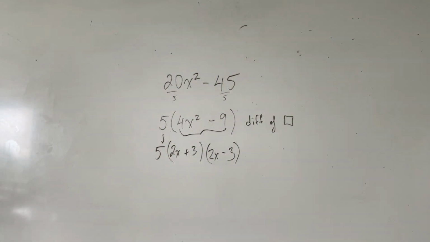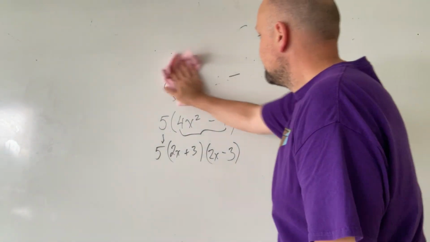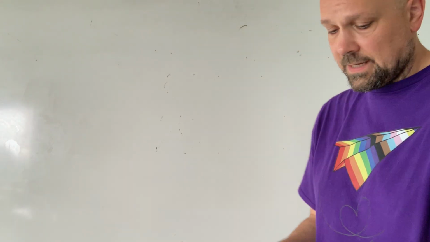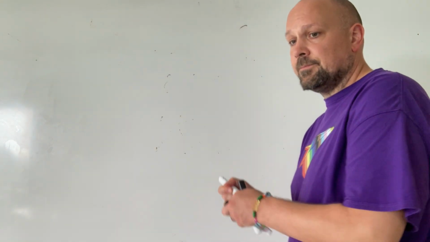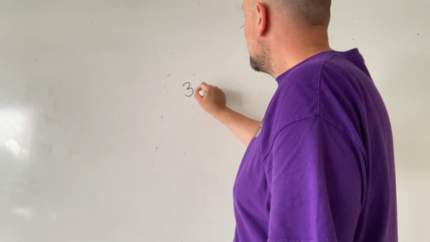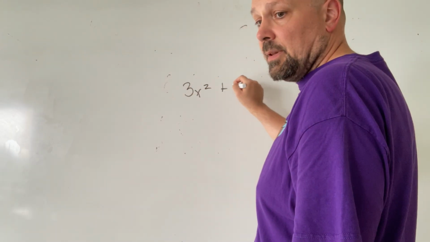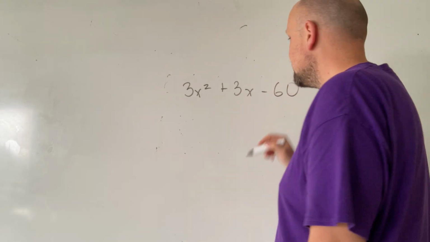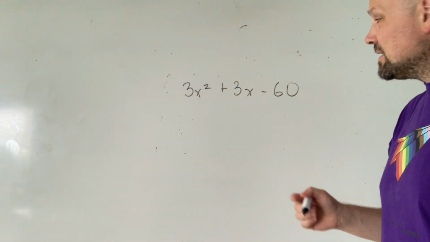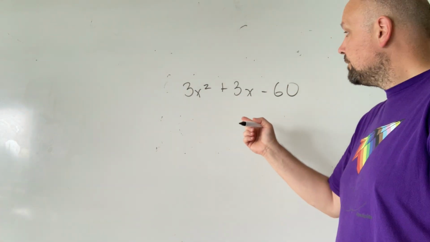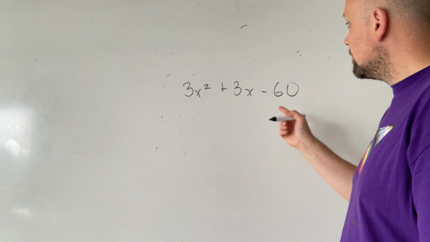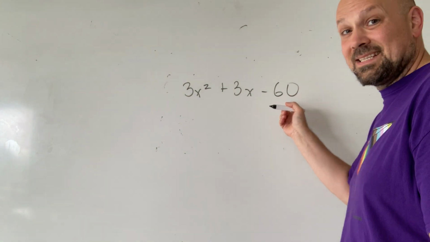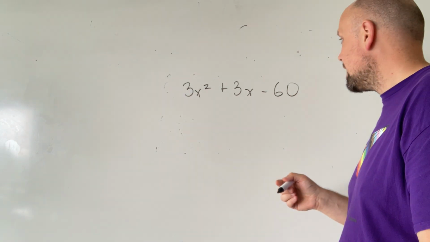Let's look at another one. Let's look at 3x squared plus 3x minus 60. Okay, so this looks like a complex trinomial, and so I got to think about trying different factors of 60, and that looks like it's going to be a pain, right?